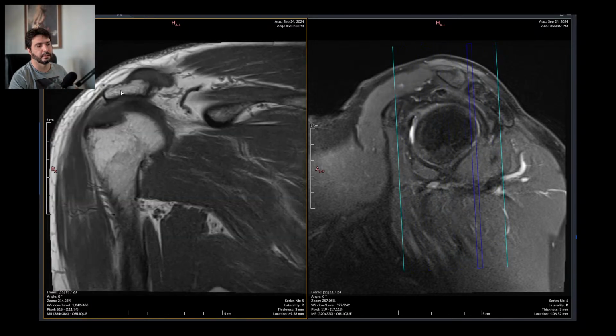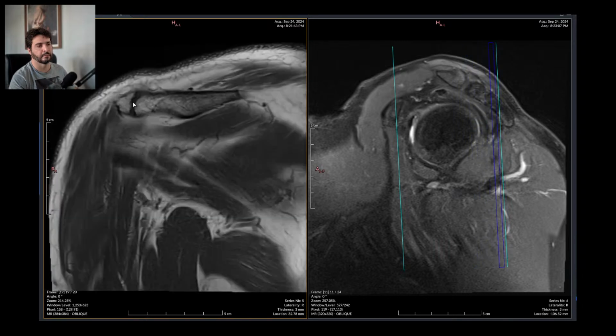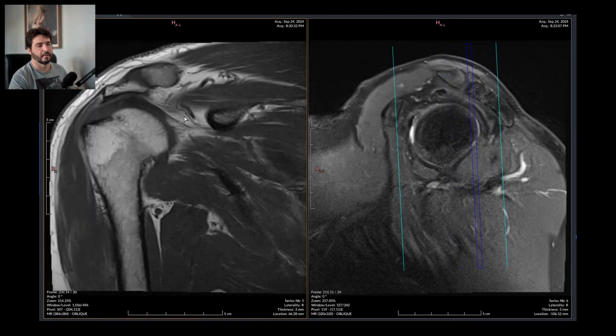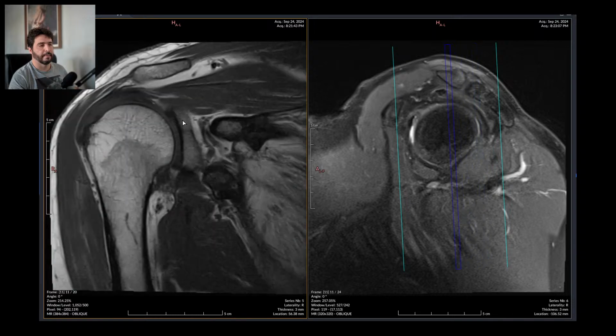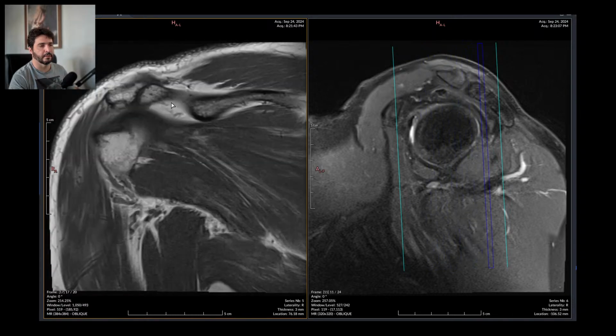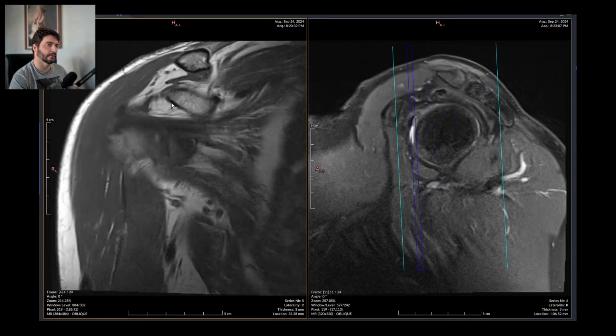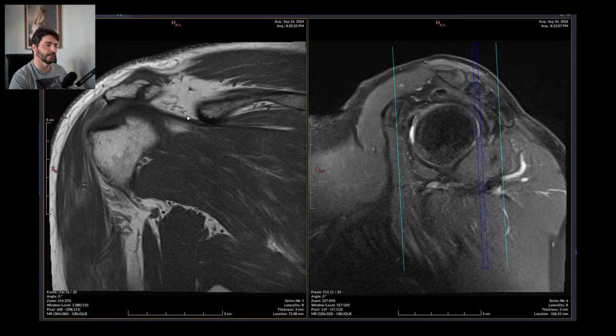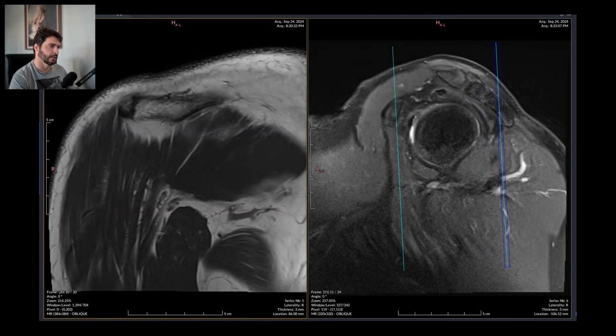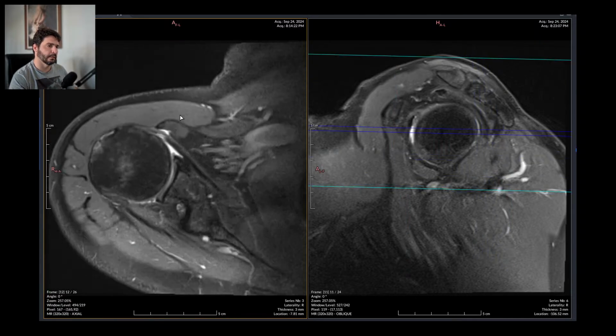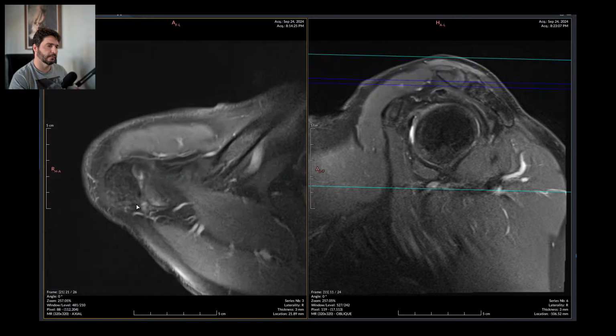So we have an os acromiale, acromio bipartido. I don't remember how to call it in English, but this is an anatomical variant right here.